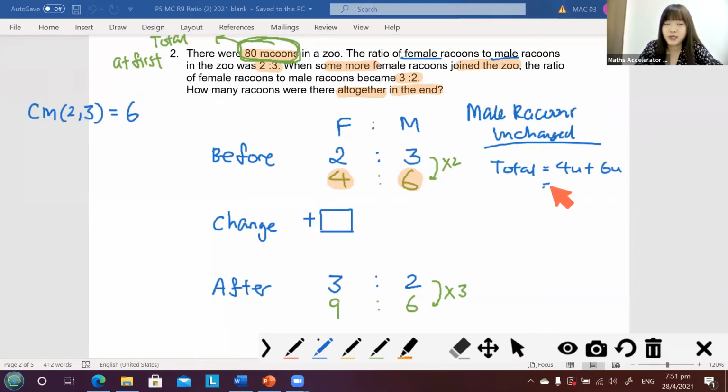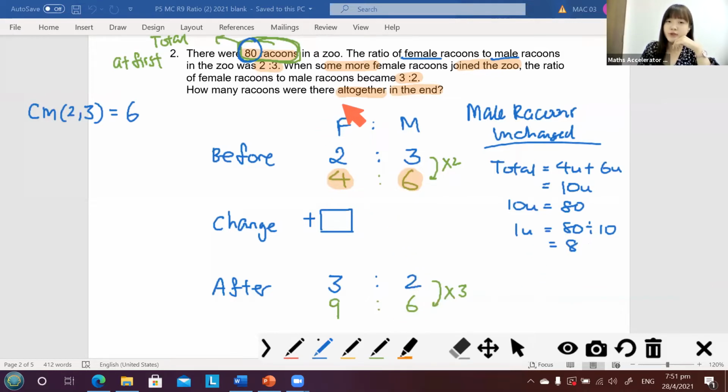So those of you who put 10 units, that's correct. 10 units will represent the 80 at the beginning. So 10 units is equal to 80 raccoons. Good job, those of you who got 10 units. So 1 unit will be 80 divided by 10, which will be 8.